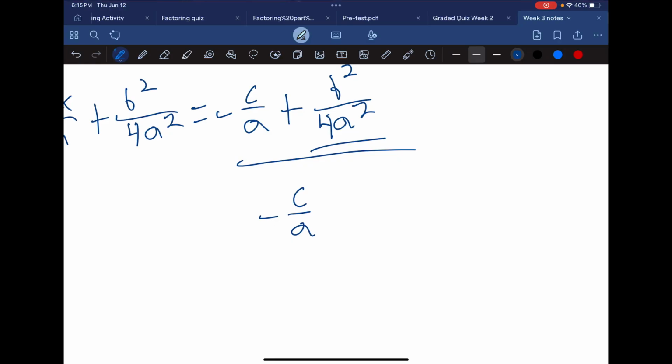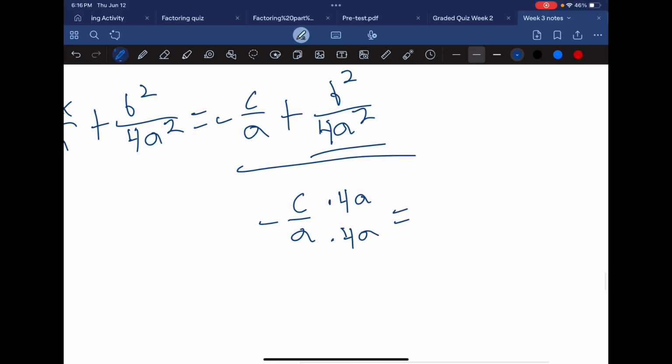I have 4a squared, and then, oh no, not 4a squared, just times 4a. Yeah, because there's already an a over there. So that gives us negative 4 times a times c over 4a squared.